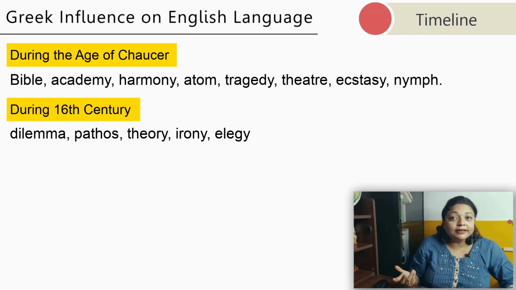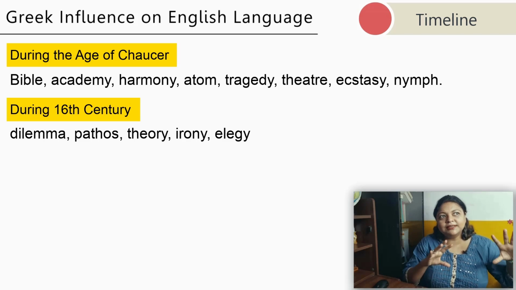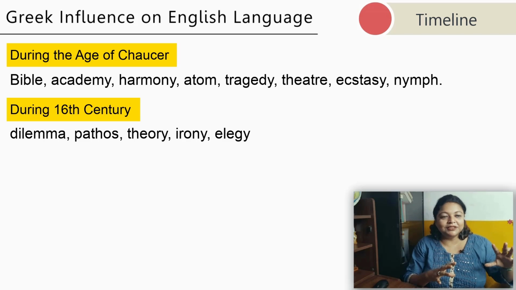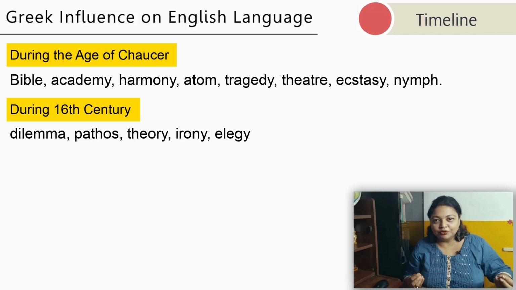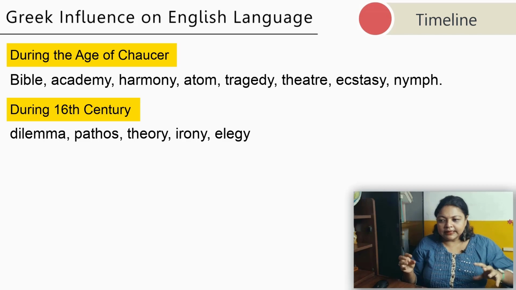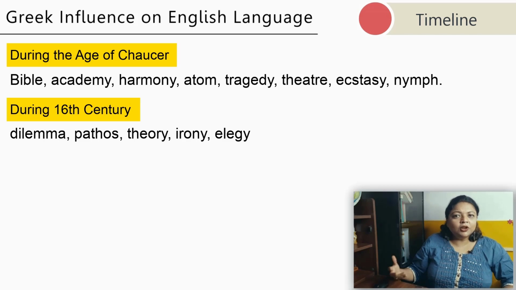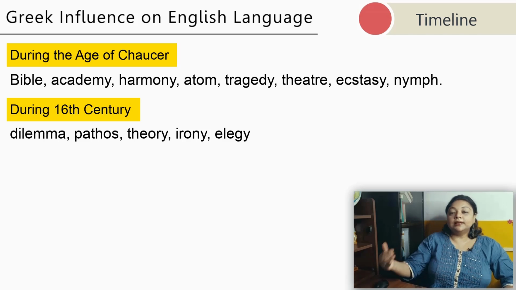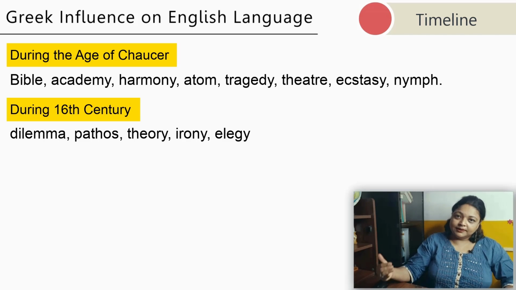The word theory itself is an abstract thing. It is against, you can say, practicals, where you apply things. Theory is something where you just think about things and you deduce and you come to a conclusion. That is theory. So this rising complexity was discernible during the 16th century.